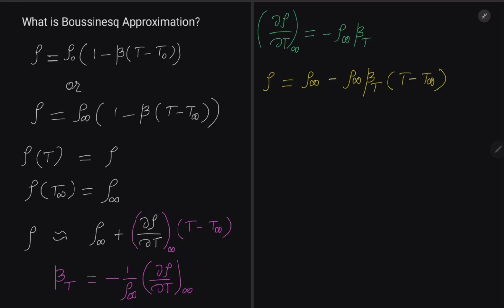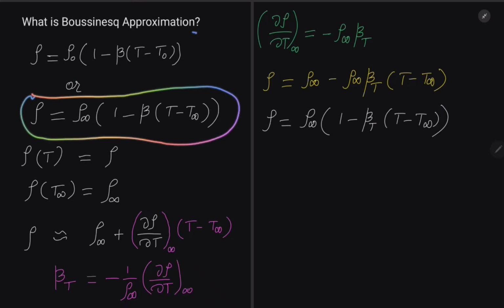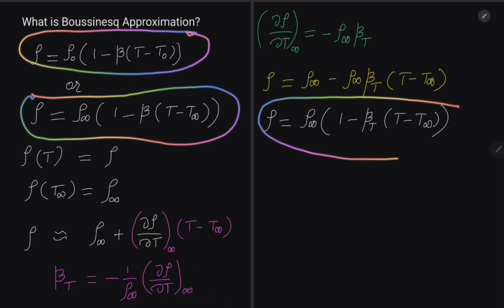And this rho can be written as rho infinity times 1 minus beta T, T minus T infinity. That's how we write the formula. This is called the Boussinesq approximation, and we derived the Boussinesq approximation over here.